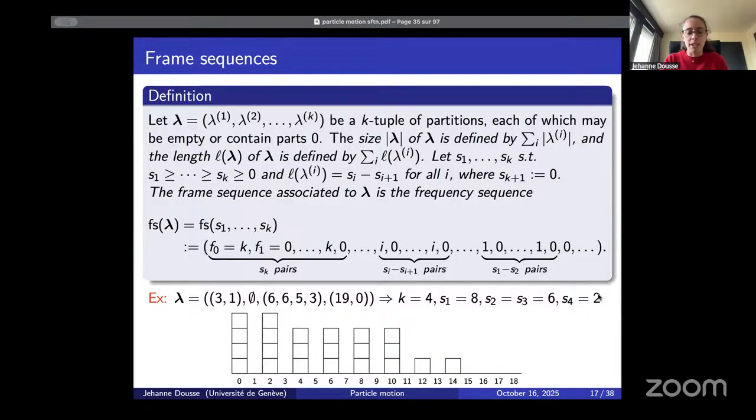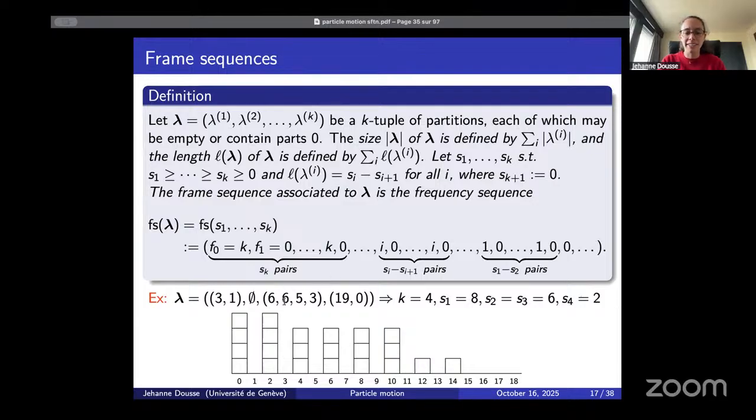So, for example, if our k-tuple of partitions is this one, that is k equals 4, then first we can compute those numbers. We want the last partition, lambda 4, to have length S4 minus S5, which we define to be 0, so S4 is 2.